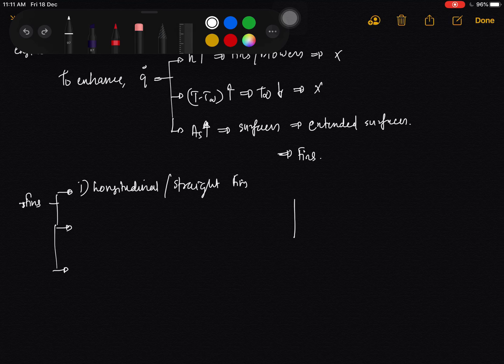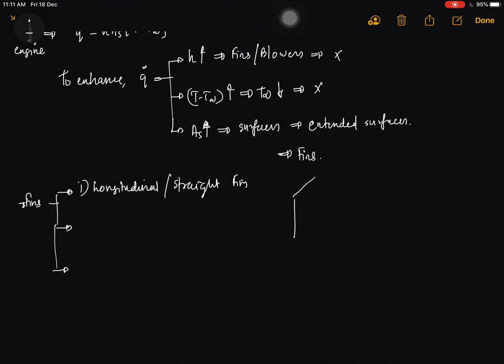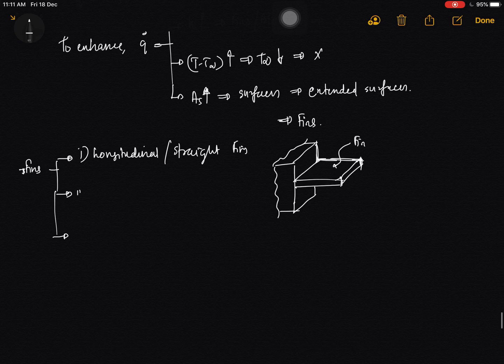fins, and I will draw the figure so you can understand it clearly. So this is the surface and this is the fin. This is nothing but the longitudinal or straight fin. This particular type of fin is called the longitudinal or straight fin.